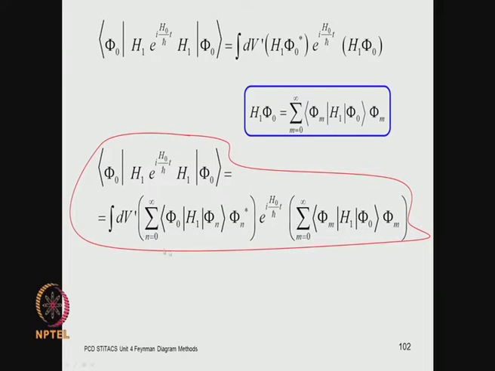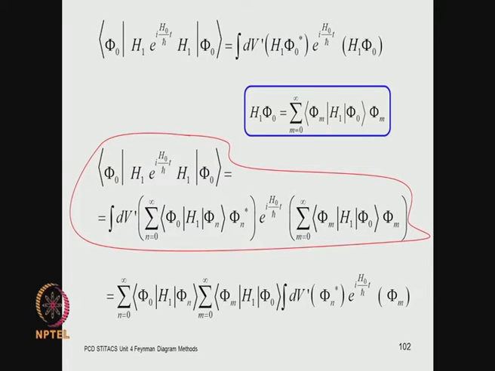So, one of them gives you a summation over n with the complex conjugate over here, the other gives you a summation over m which is without the complex conjugate. Okay. So, there are two summation indices, one is m and the other is n, and now your space integral over here takes a rather simple form, because both of these are eigenstates of H0.